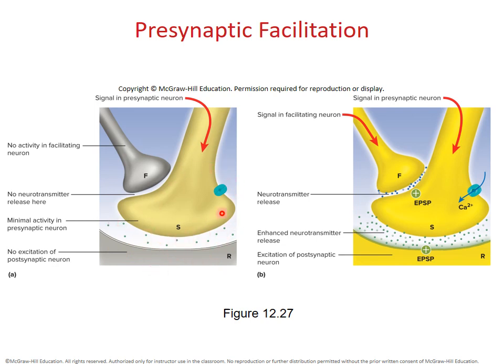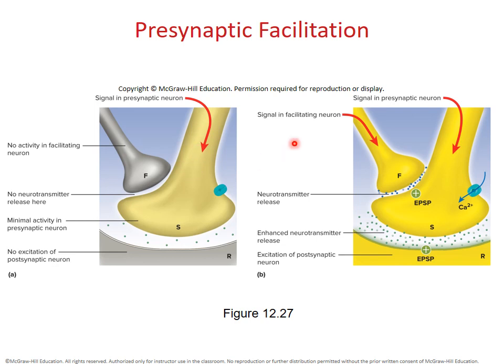So you've got a typical synapse, and here is the voltage-gated calcium channel. Remember that has to let calcium in to trigger exocytosis. Notice here we have a third neuron, the facilitating neuron, that is essentially synapsing or communicating with the presynaptic axon terminal.